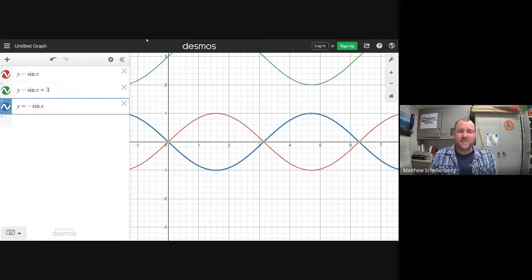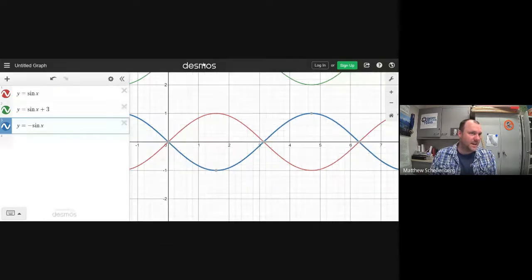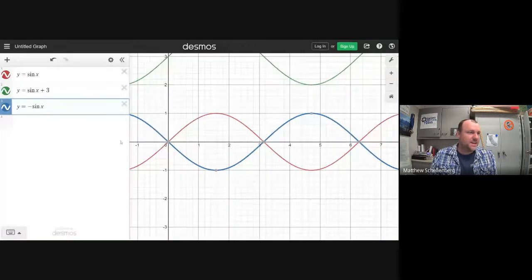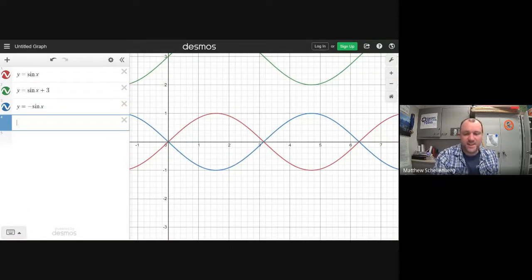And then the next one asks, let me make sure I get this right. I believe it's adding 2. Yes, 2 to the right. So if we're going to go 2 to the right, in Desmos, that's really easy. You just do y equals sine of x. Now, we got to be real careful.